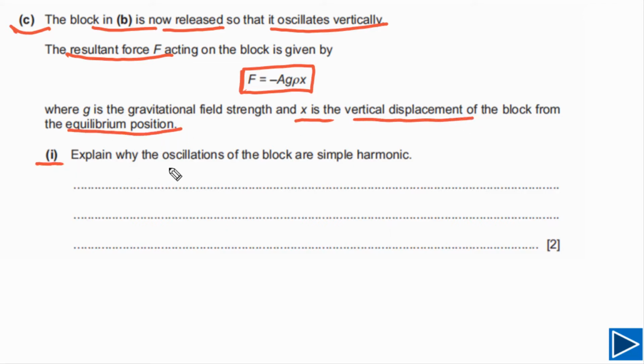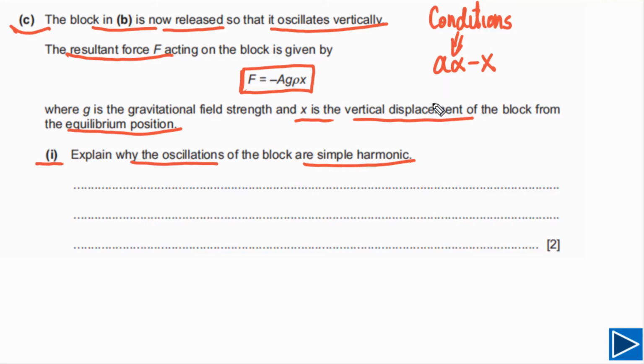For part 1, we need to explain why the oscillations of the block are simple harmonic. So first we need to understand the basic conditions for simple harmonic motion. Any object oscillating with simple harmonic motion has to obey a is directly proportional to negative x.